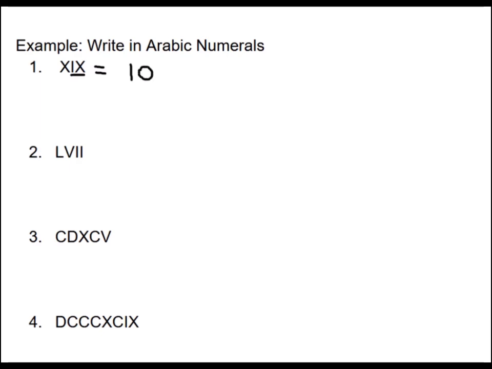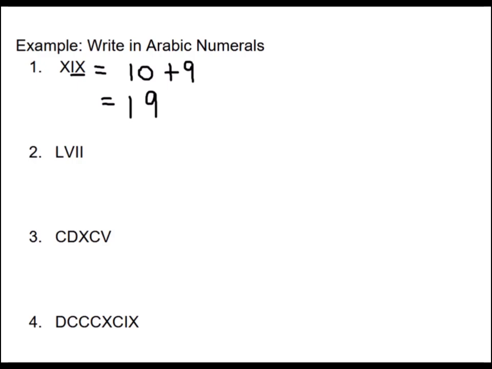And my IX, which is what? 9. So 10 plus 9, that will give me 19. With the place value chart, you can write numbers from 1 to 5,000. It's very easy using the place value chart. So let's move to the next number.